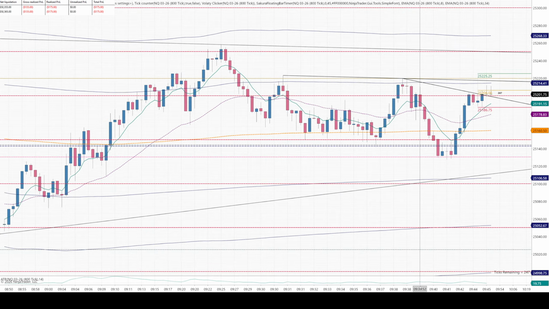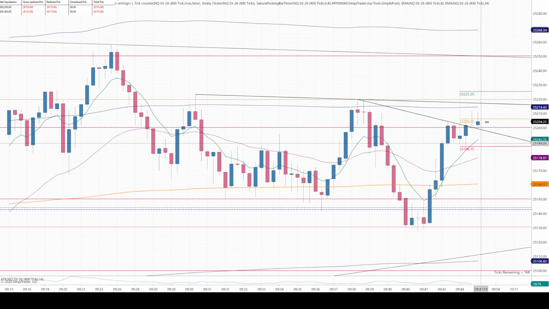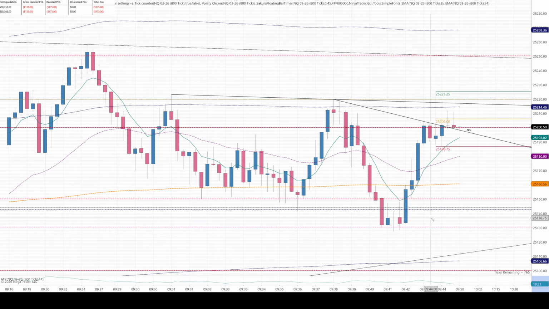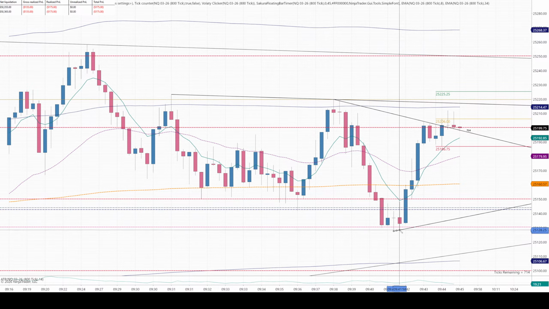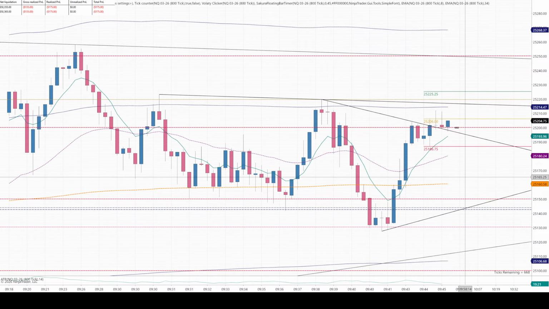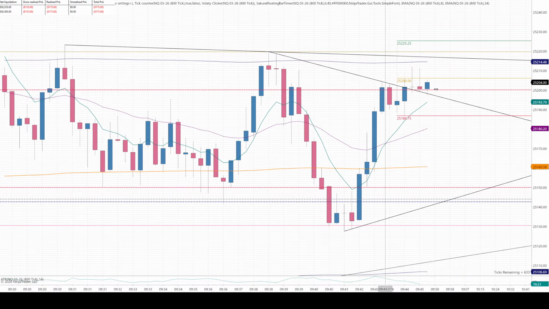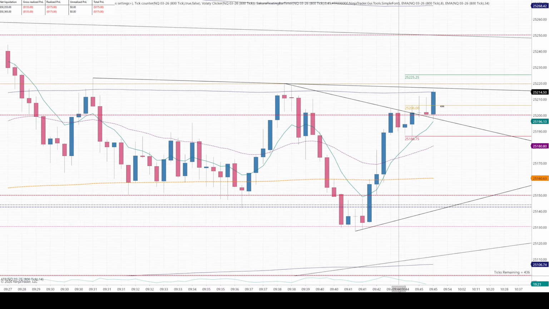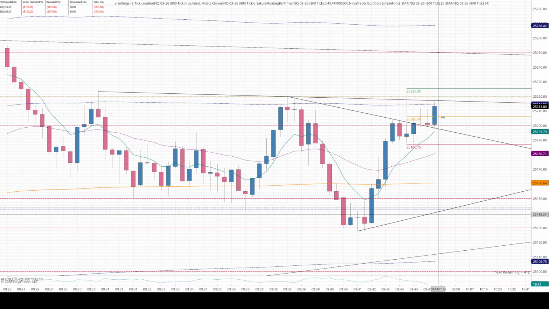We are kind of in a range, so it's probably going to test this high up here and maybe fail. See, it's kind of stuck right now. Like it's really trying to break this level of resistance and it's having a hard time.